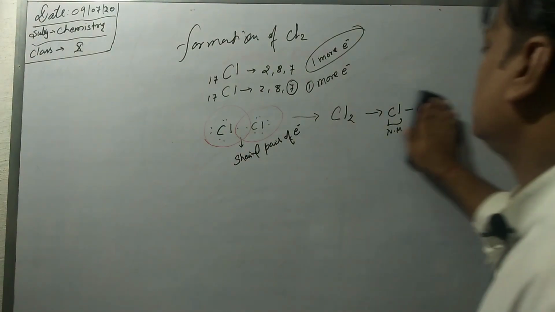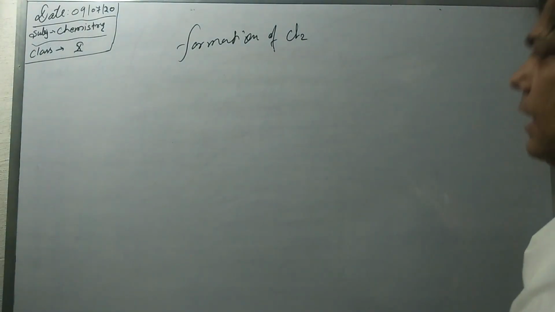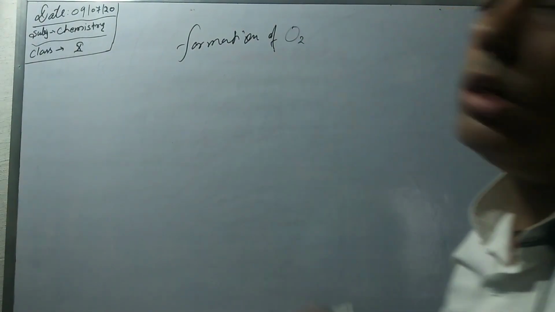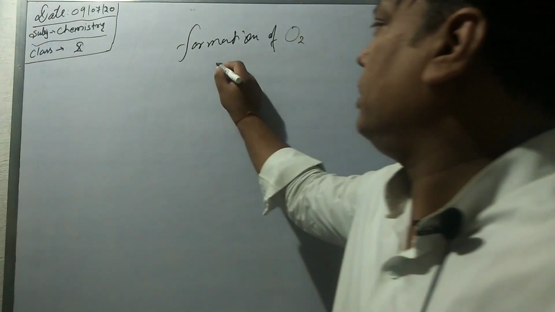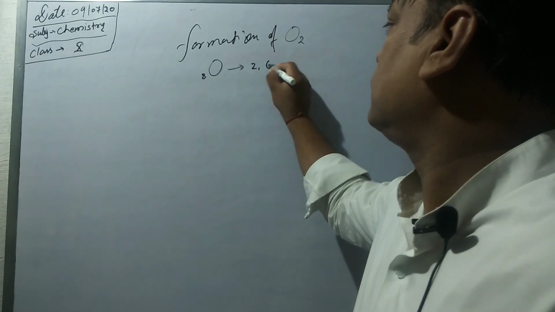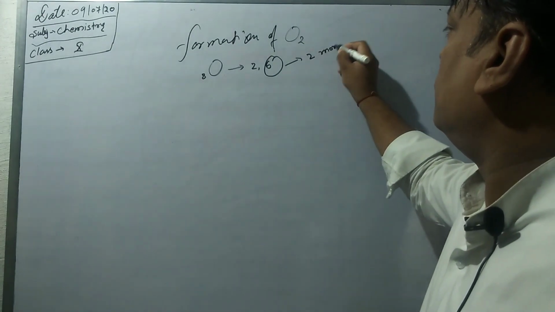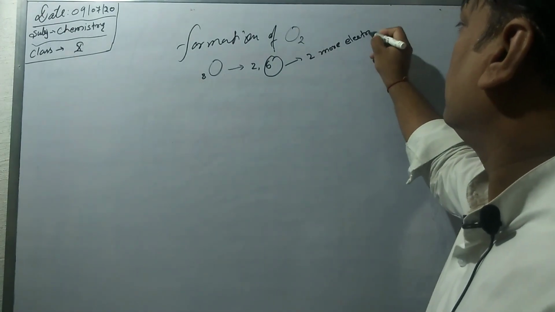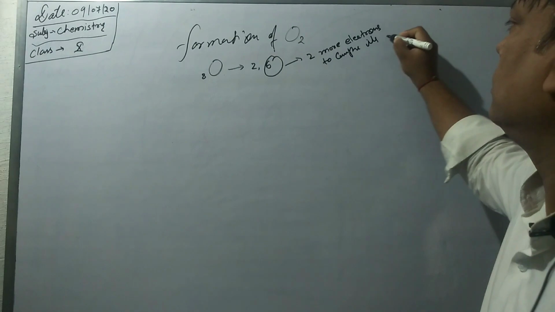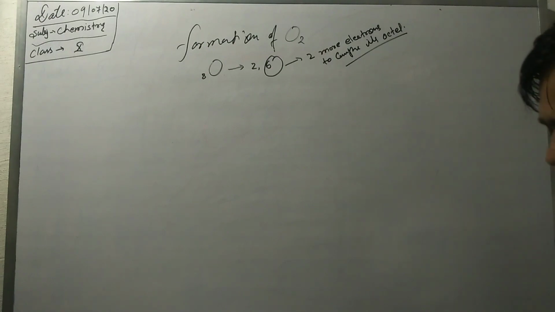Okay. Now, double covalent bond. How is a double covalent bond formed? Take the example of the oxygen molecule. How is an oxygen molecule formed? The electronic configuration of oxygen is 2, 6, meaning it needs 2 more electrons to complete its octet.